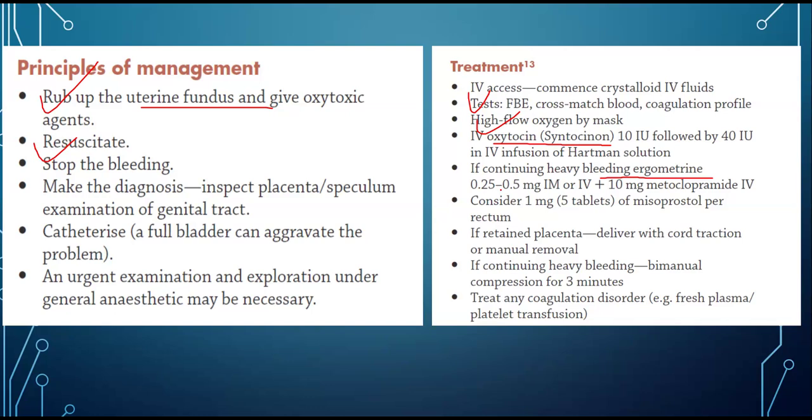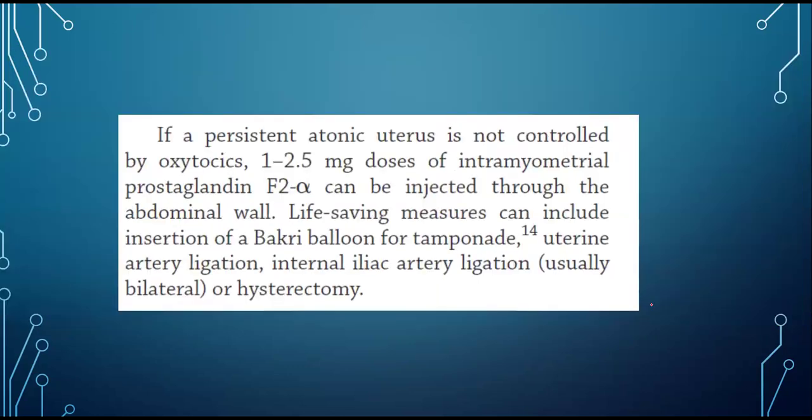Give the patient oxytocin or syntocinon, ergometrine, and then if the patient is still bleeding, the option will be giving misoprostol per rectum. Sometimes the patient might even need bimanual compression, and sometimes at the end, even hysterectomy. So lots of options are there, but that doesn't come in exam. If a persistent atonic uterus is not controlled by oxytocin, then even intramyometrial prostaglandin might be needed.